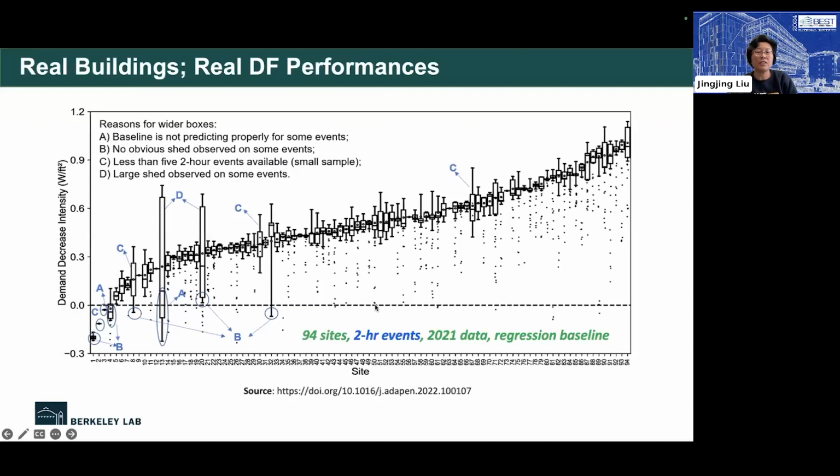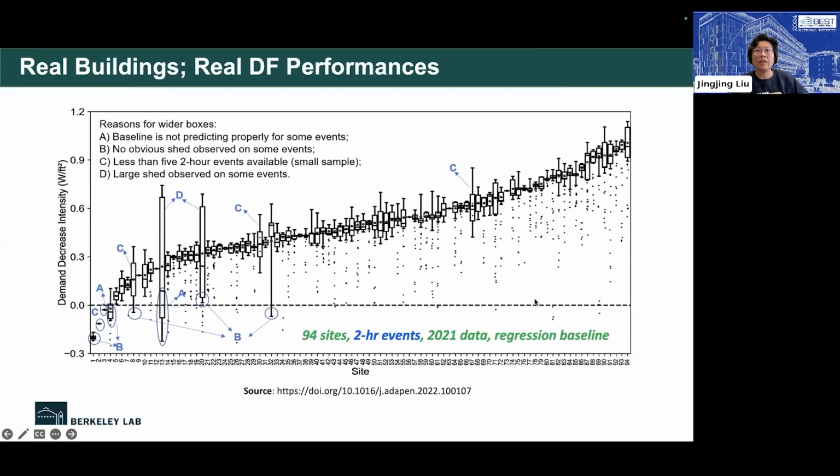In order to understand the influence on performance from all of these factors, we took an empirical analysis approach. First of all, we have created a standardized metric that helps us characterize the performance. This demand decrease intensity metric, which we sometimes call shed intensity for short, measures the average kW load shed during a DR event, normalized by the building floor area. So it comes out as a watt per square foot metric.